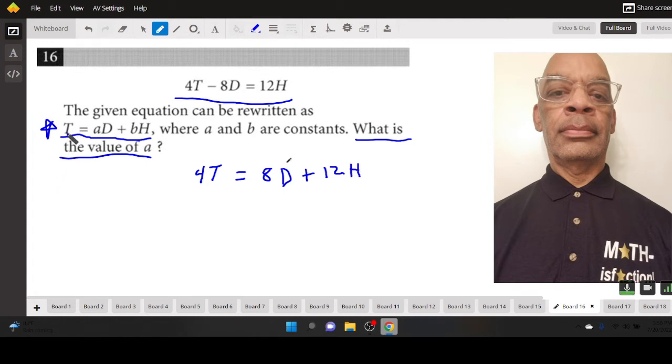That's the order of this problem. T equals something times H plus something times D. We want 1T, so we need to divide the entire equation by 4. Focus on the value of A. A will equal 2.